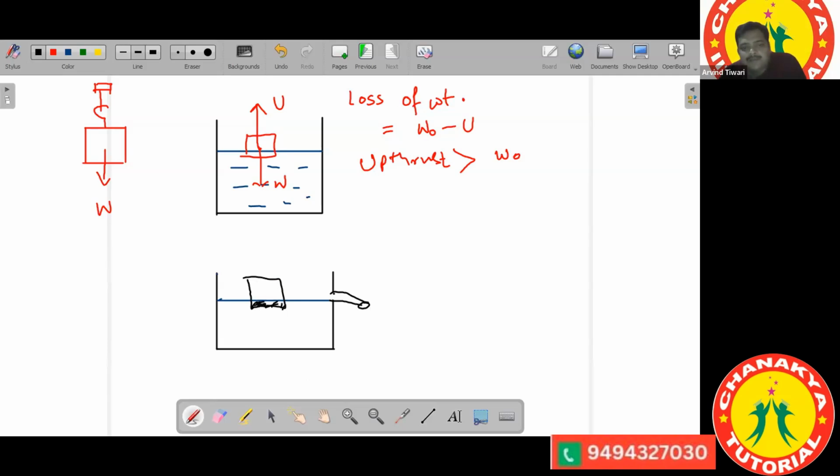Whatever volume of the block is inside the water, that volume will be equal to the volume of the water displaced. So here you will get some water that will be collected out, and the volume of water will be equal to the volume of solid immersed.